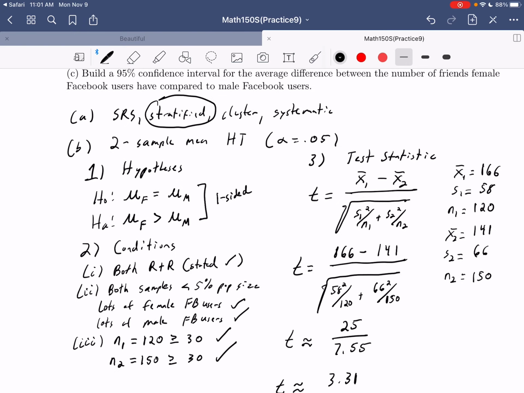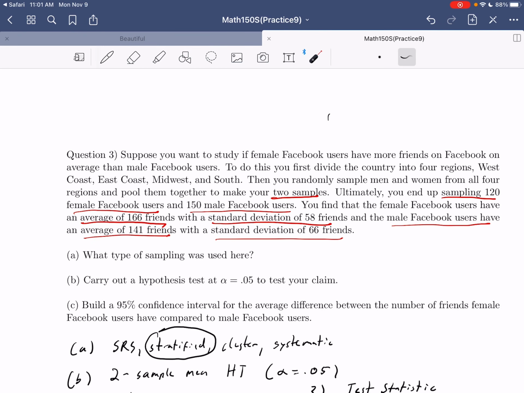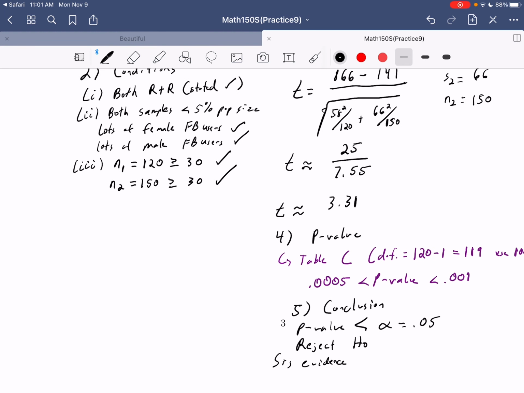What was this claim here? Well, we were saying that on average, female Facebook users have more friends than male Facebook users.